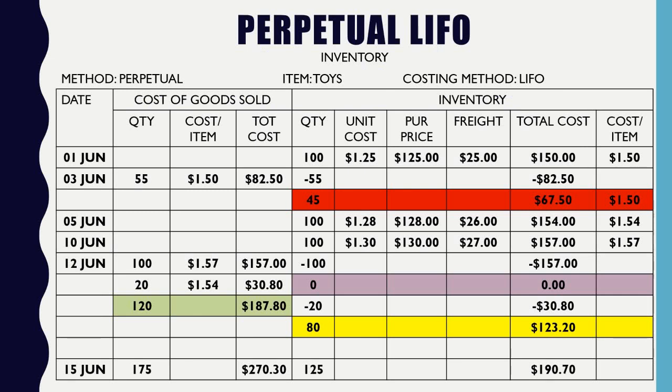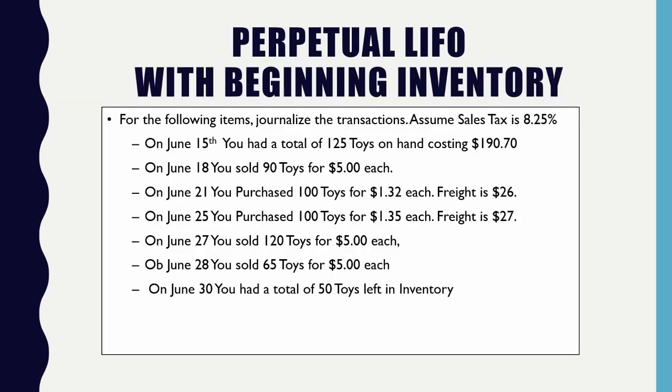What we do when we have beginning inventory is we're going to carry the batches over into the next worksheet, because now this one says that we have beginning inventory, right? It says on June 15, you have a total of 125 toys on hand. So that's your beginning inventory.